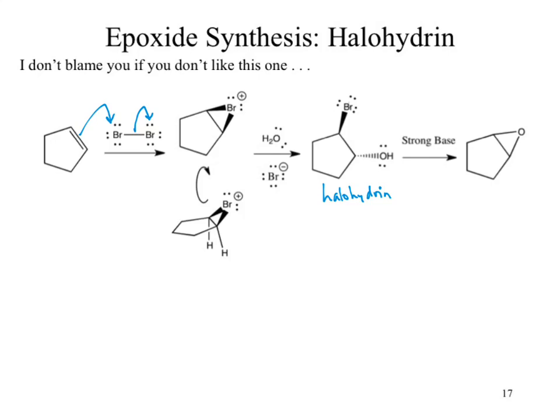The problem with that is the bromine is so large that it actually shares its electrons back down with our carbon structure, and we end up forming the intermediate shown, which is known as the bromonium ion.